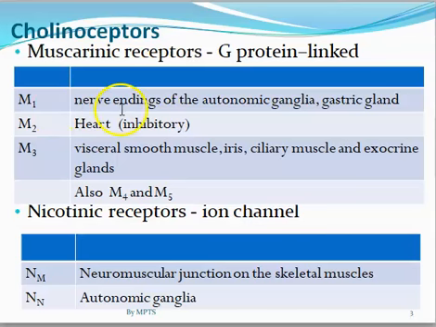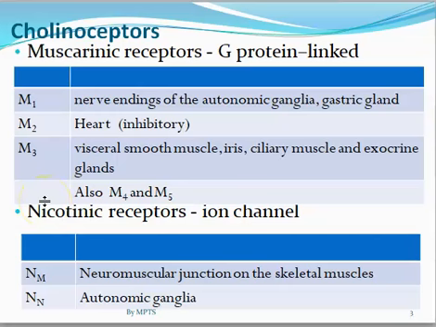Now, M1 is located in the nerve endings of autonomic ganglia and in the gastric gland. M2 in the heart. M3 is located in the visceral smooth muscle, the iris, or the ciliary muscle, and the exocrine glands. We also have M4 and M5 receptors.